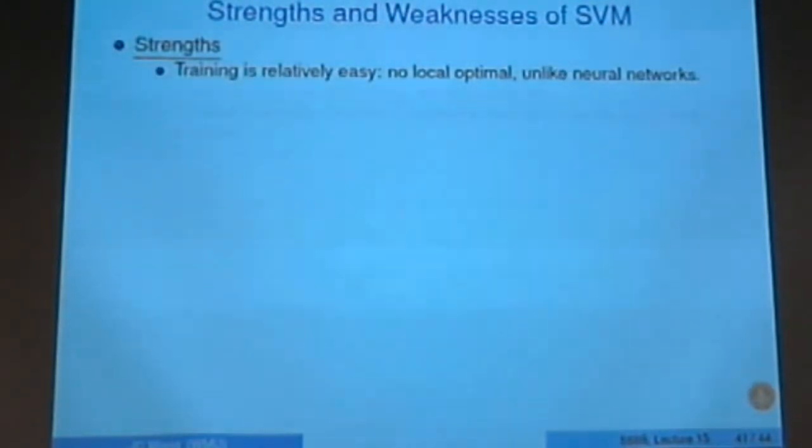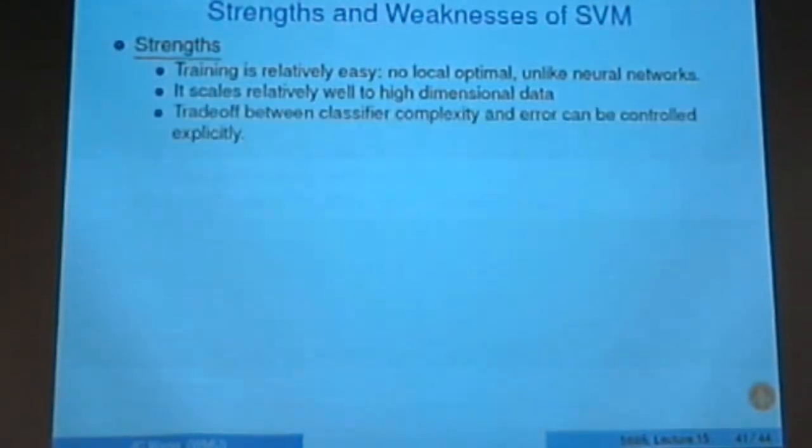Here are among the strengths of the support vector machine. It is guaranteed to find the global optimum, not a local optimum, unlike neural networks. Training is relatively easy, and it scales relatively well to high dimensional data, especially when you have a lot of inputs.